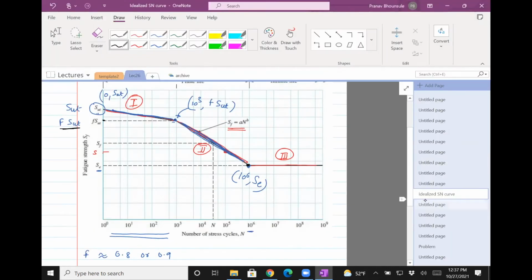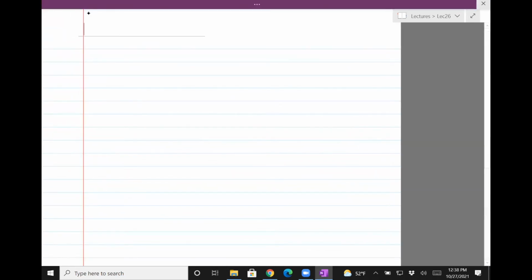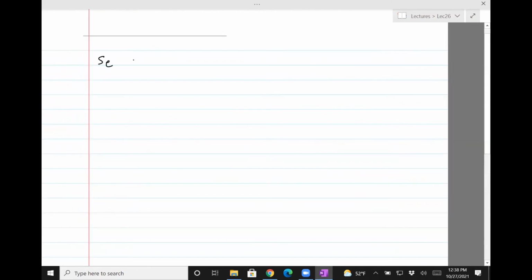So these are the curves which describe these 2 points. So SE, F are found empirically. The value for steel.